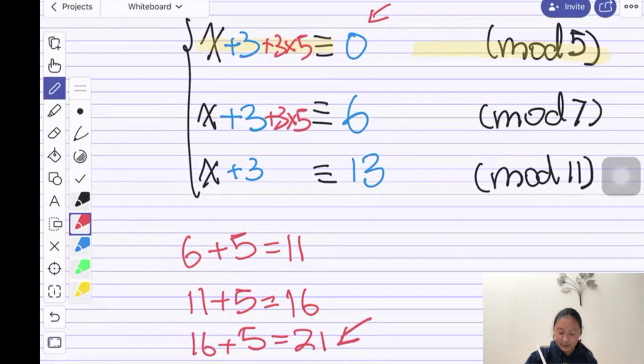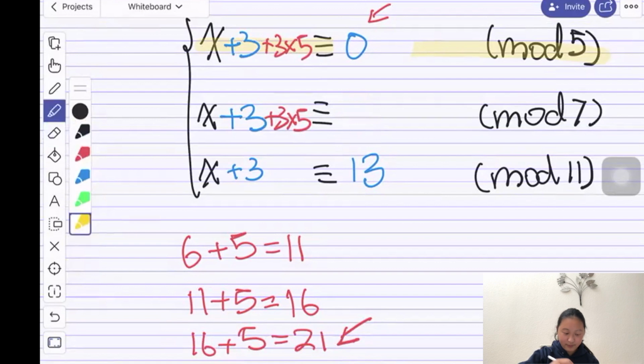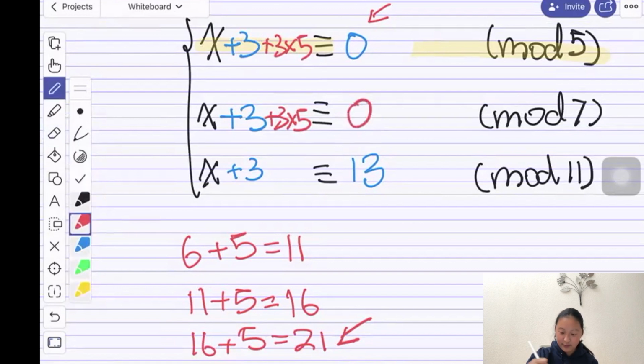And then if you add this, we already said that that was 21. And 21 divided by 7 has a remainder of 0. So we can simplify that, and we have that this is now 0. And then we're going to, of course, add 15, or 3 times 5, to the third equation.